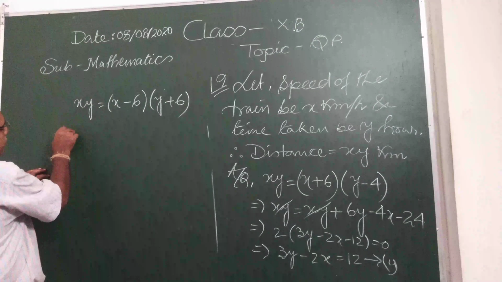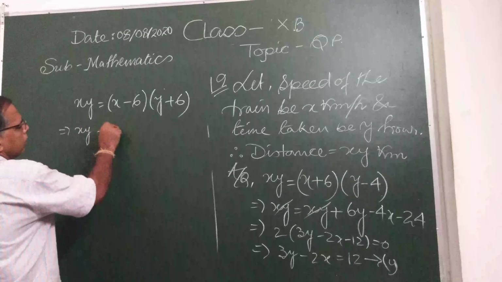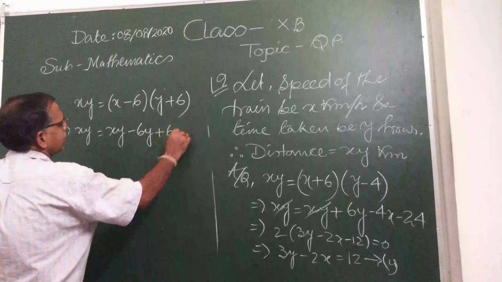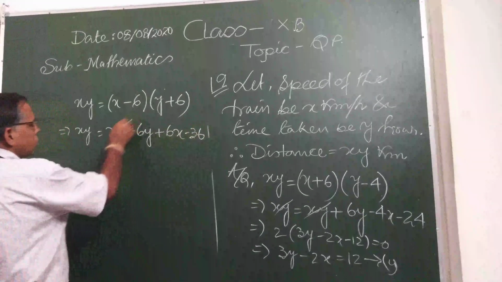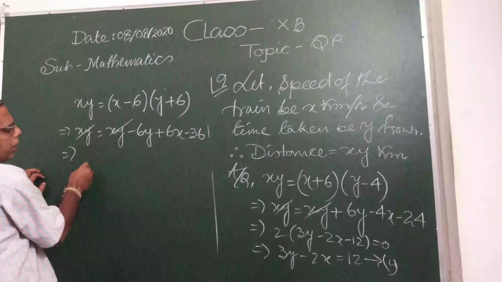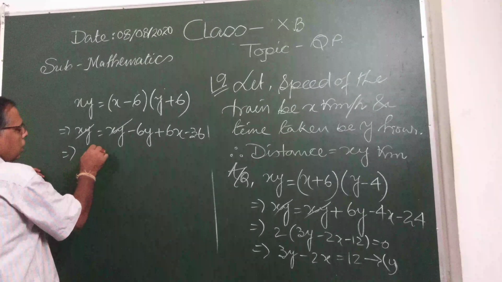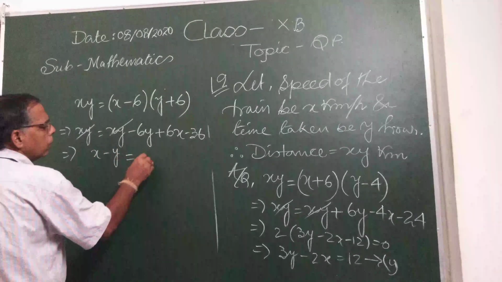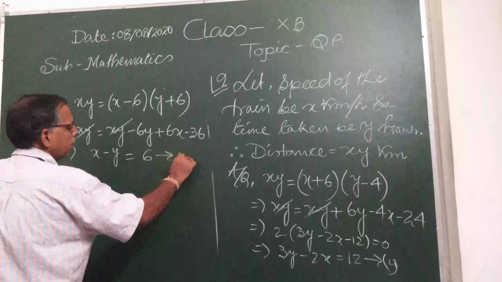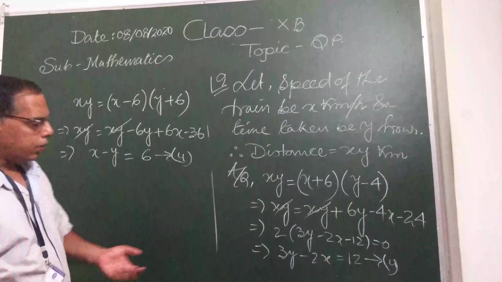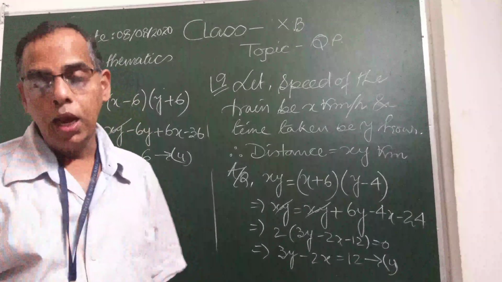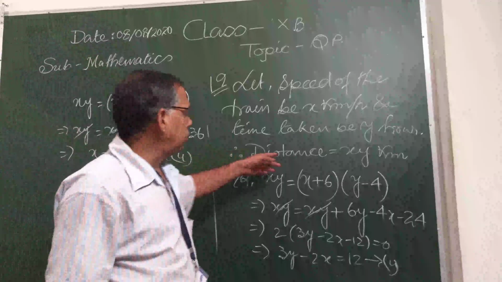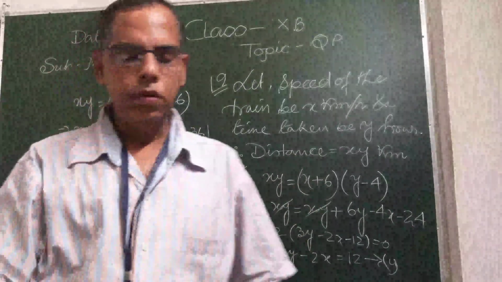So ultimately xy equal to xy minus 6y plus 6x minus 36. So xy are cancelled. So ultimately it will be x minus y equal to 6. This is equation number 2. Now solve these two equations by the elimination method, and then find out the distance xy.